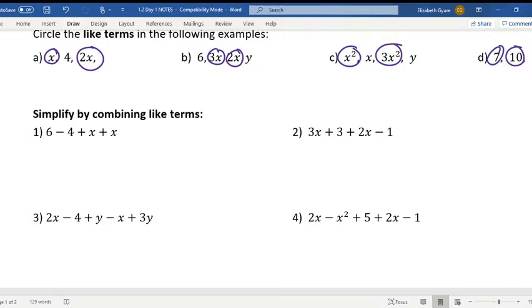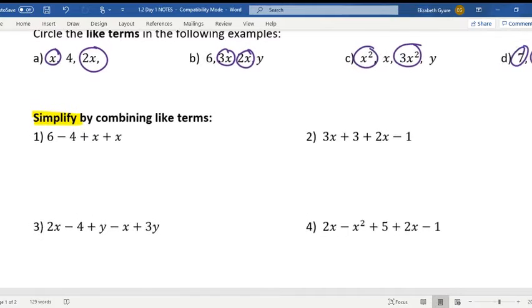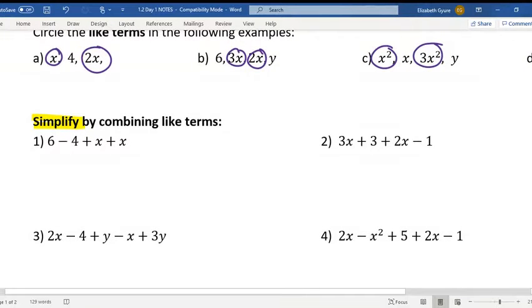Now, when your directions say simplify, do simplify and solve mean the same thing? No. Simplify means to simply combine what you can, reduce fractions, distribute maybe, things like that.